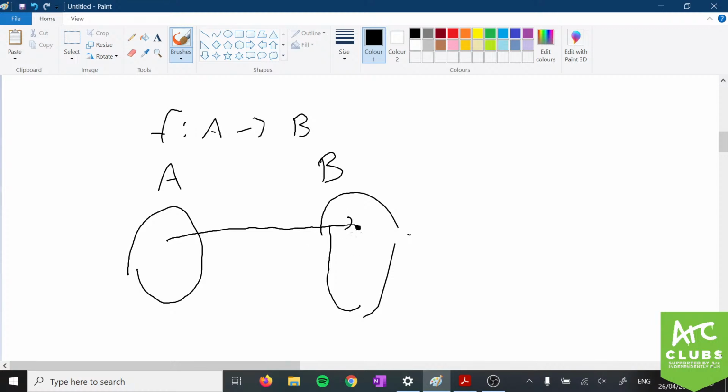It doesn't matter what we choose in B, there's always something in A, so that f of that something is the point we chose. And that's a simple definition. So let's just jump into the question.